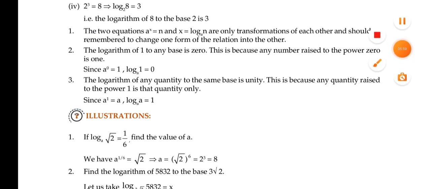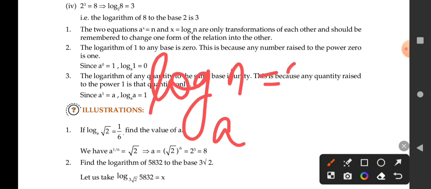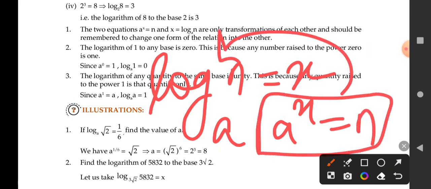Like I said, if you are given log n to the base a equals to x, you should be able to convert it into a power x is equals to n. And if this is given, you should be able to convert it into this log form.